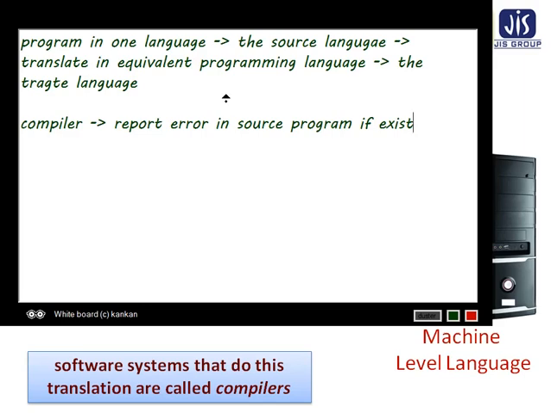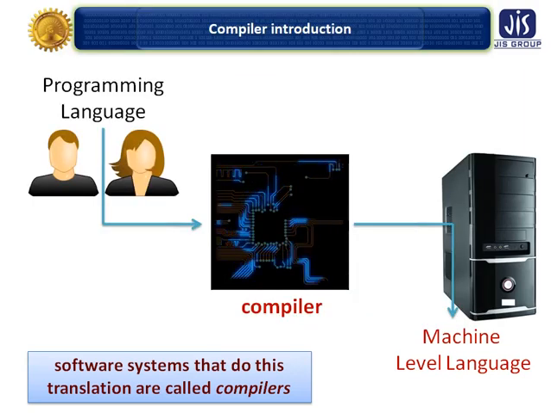If it exists, then the compiler will report an error. So this is about the basics of the compiler.